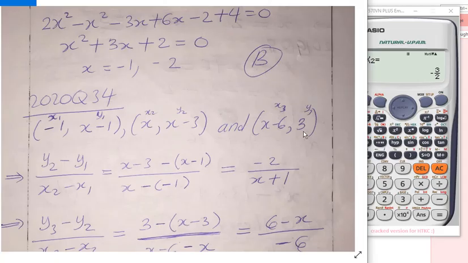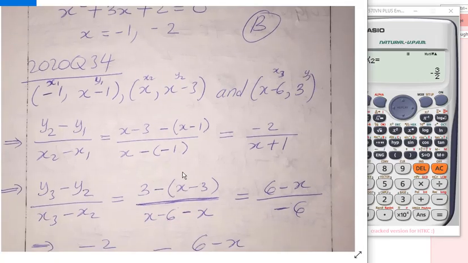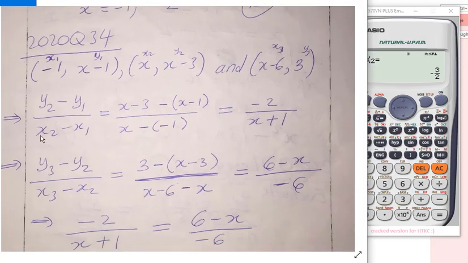So you will do y2 minus y1 over x2 minus x1. This is y2. That's why I have s minus 3 minus y1. Y1 is, you see, minus, I open a bracket because when I'm done, this minus will open this bracket. So minus, open bracket, s minus 1 all over x2 is s minus x1, that is minus 1.